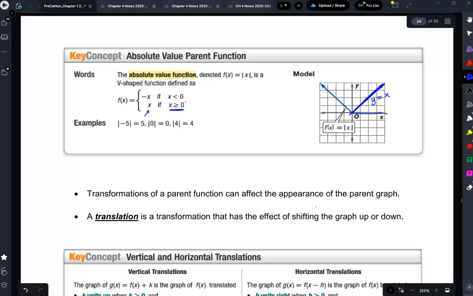But here, this one is y equals negative x, right? So when x is less than 0, it's negative x. So the absolute value function can be written as a piecewise function.